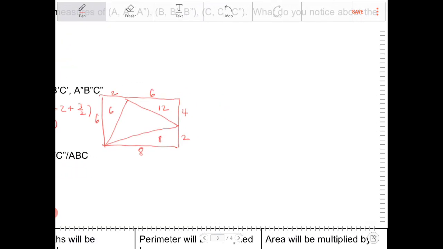So if I add up all those right triangles, I get 6 plus 12 plus 8, and I need to subtract that from 6 times 8, which is 48. 48 minus 18 plus 8 is 26. And then 26 subtracted from 48 is 22. So A prime, B prime, C prime will be 22.